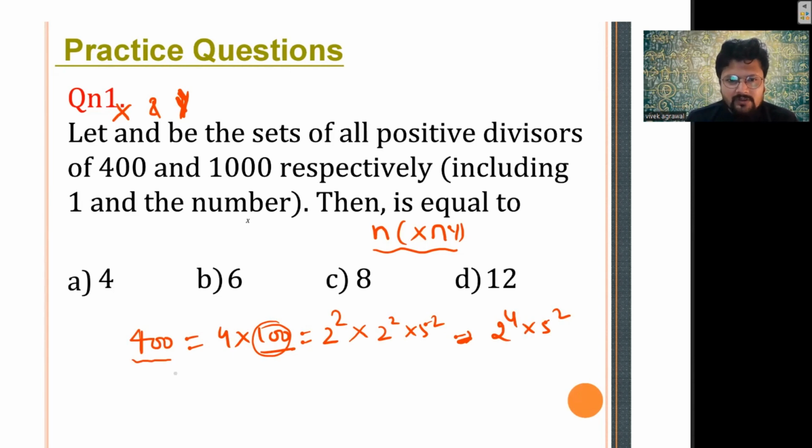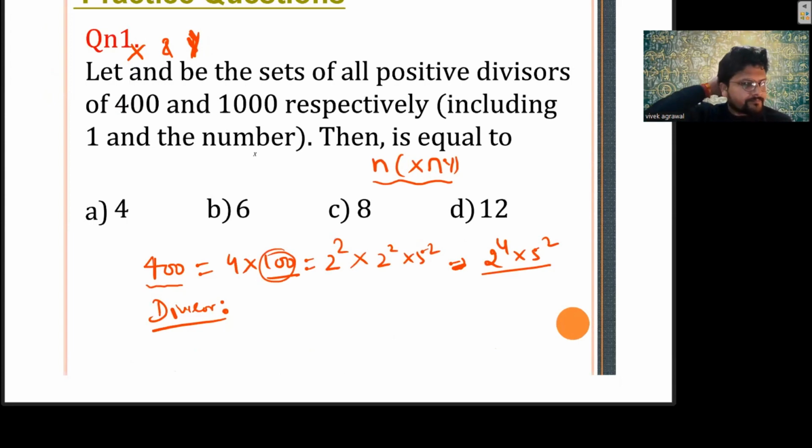So can I know the number of divisors now, by just looking at the prime factorization? Yes, 15. We will add 1 to each power, so that will be 5 into 3, that is 15.